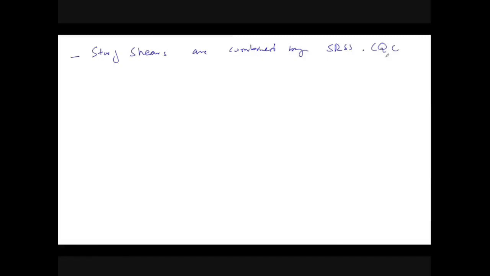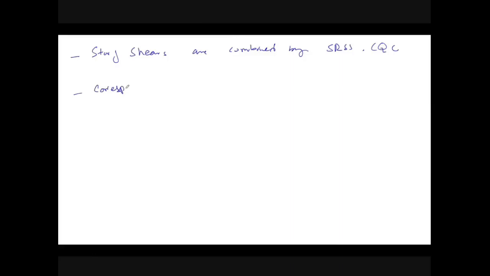We already talked about the SRSS combination and the CQC modal combination. You can use either of these two if the vibration periods are apart from each other. SRSS is a good approximation, but CQC is more accurate. So once story shears are obtained for every mode, you have to combine them by SRSS or CQC to get the total story shear. And from those total story shears, you have to go back and calculate floor forces.